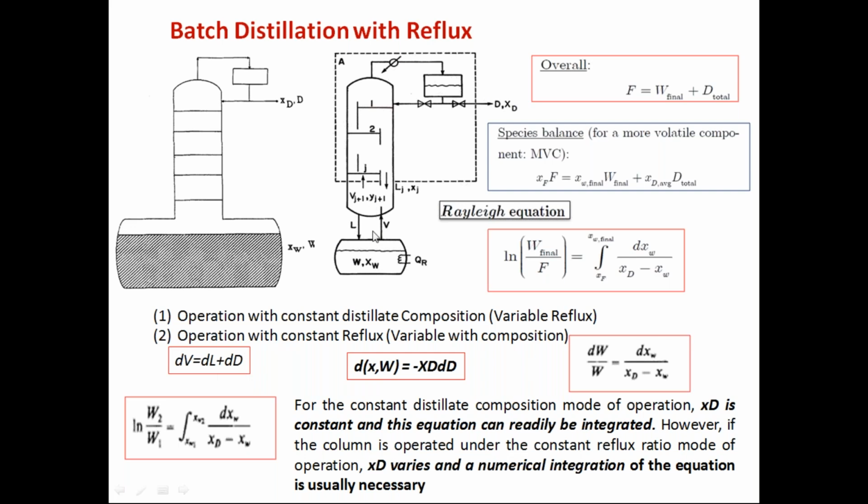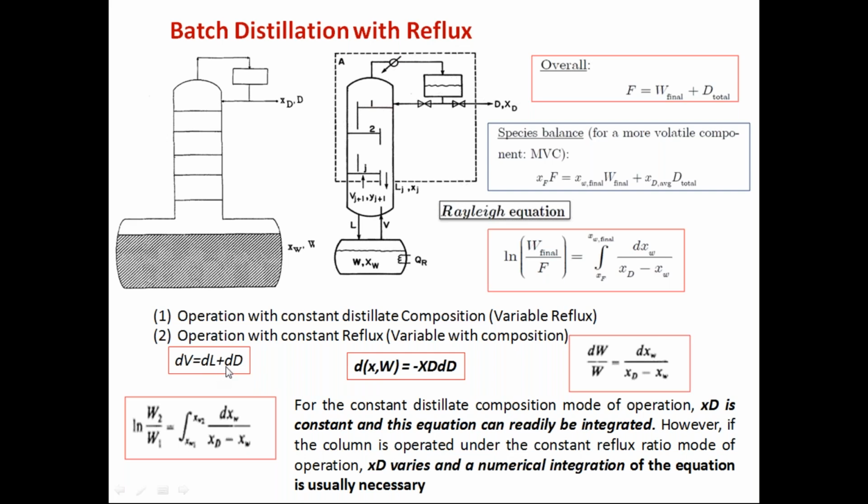The differential vapor which is generated from the used liquid which has been taken as a batch, from that you can see that dL and dD will be split, and that will be equal to dV. So this equation will result keeping an assumption that there will be no hold up in the distillation column, which is arranged over the batch drum.